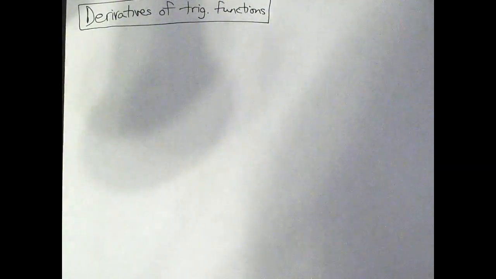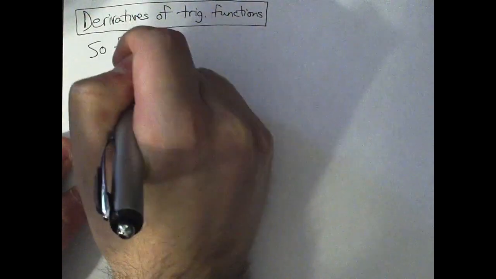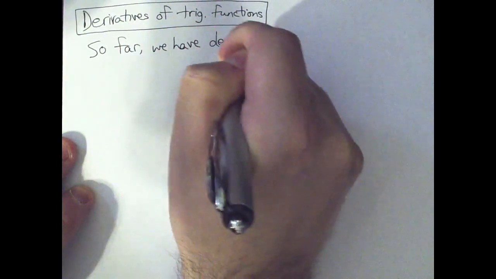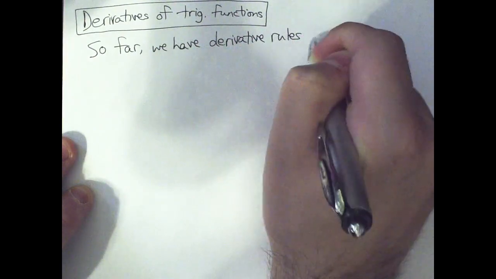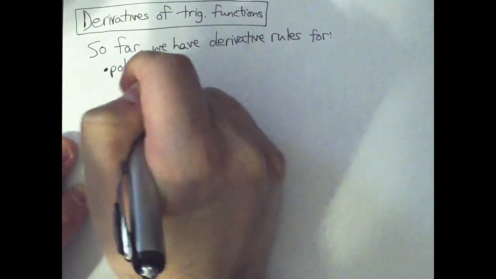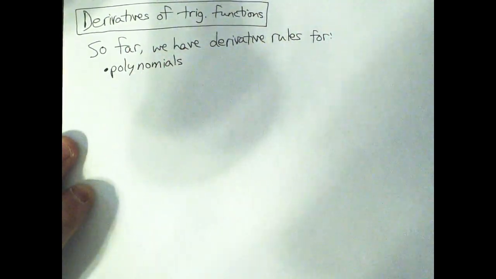All right, derivatives of trig functions. So let me start by saying, so far, we have derivative rules for lots of different kinds of functions. First of all, we learned how to do derivatives of polynomials.